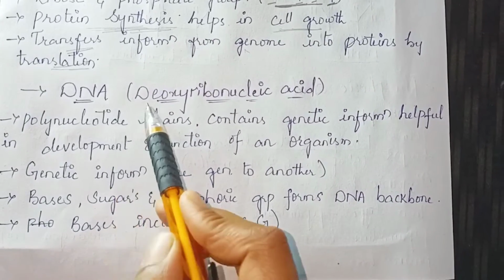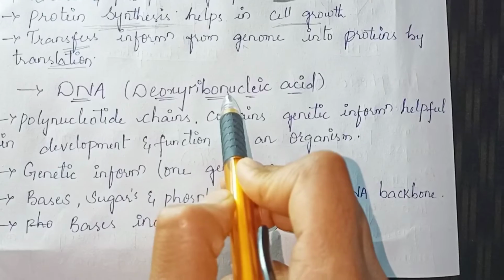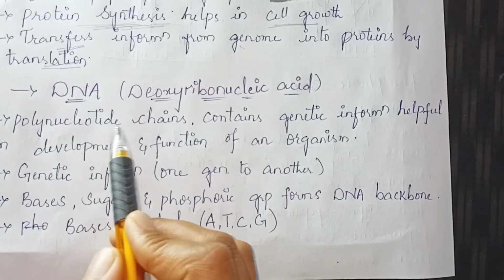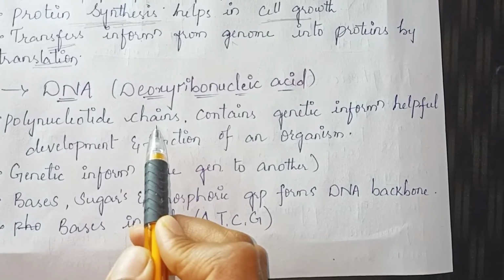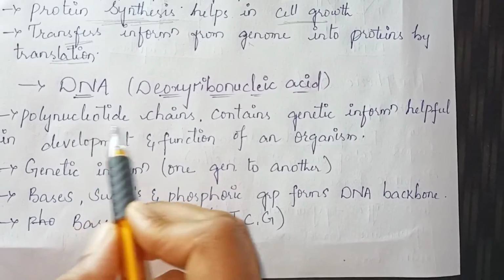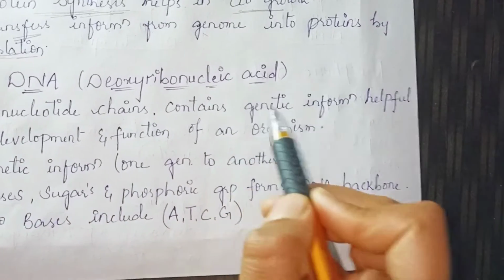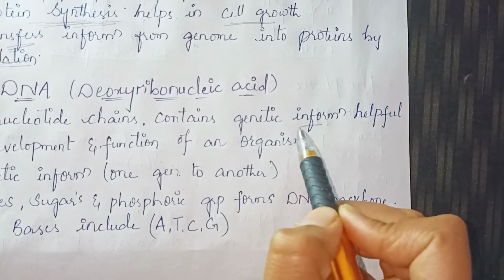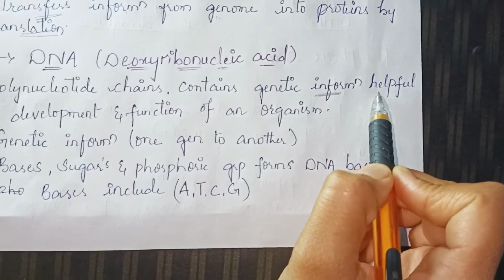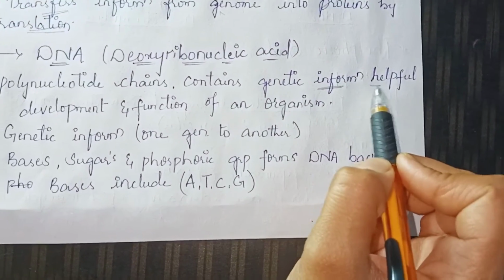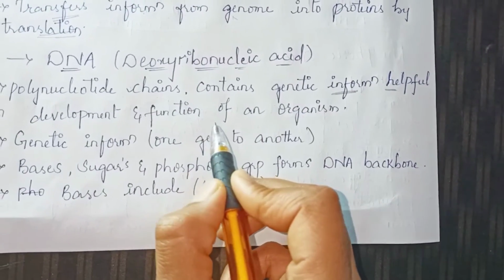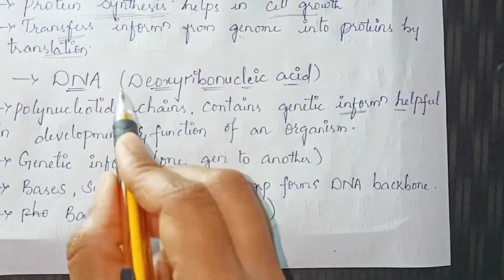Next one is DNA, deoxyribonucleic acid, which consists of polynucleotide chains. As I have said, they consist of many nucleotides, that is why we call them polynucleotide chains, and they contain the genetic information. DNA contains the genetic information that is helpful in the transfer of genetic material from one generation to another, so it is a hereditary factor.